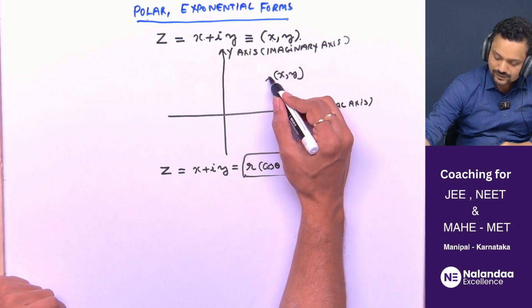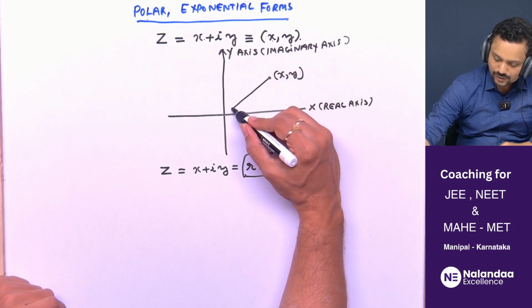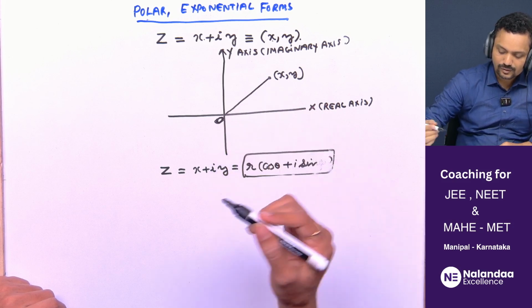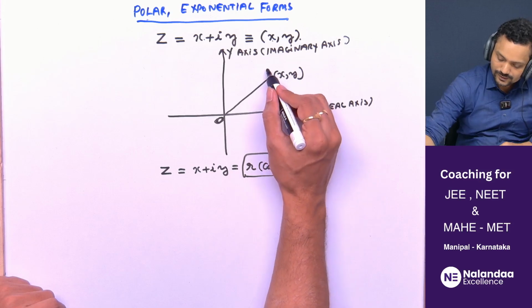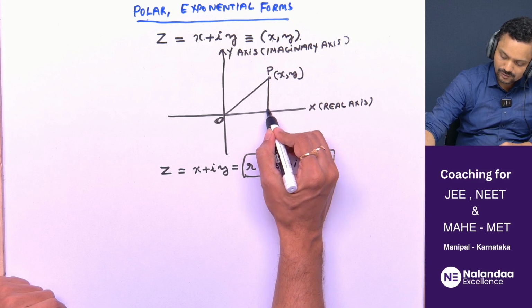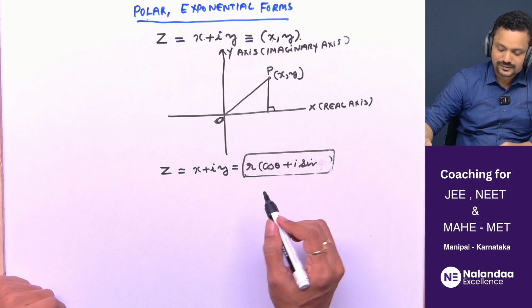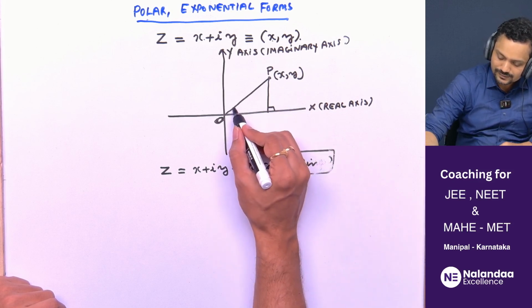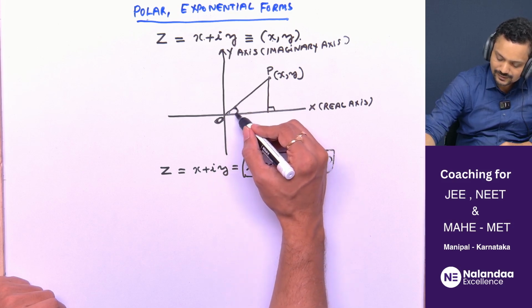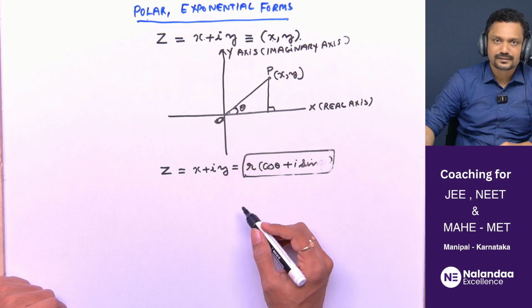We are going to join this point to the origin by using a straight line. This point we'll call O, and let's take this point as P, and from this point we are going to drop a perpendicular to the x-axis, and let's assume that the angle between the x-axis and this line is theta.